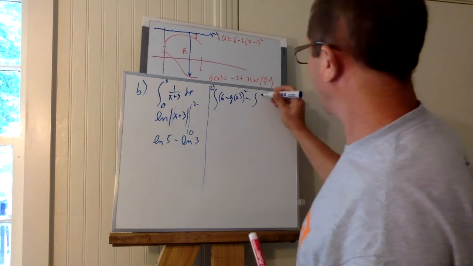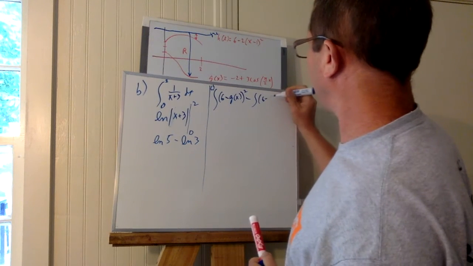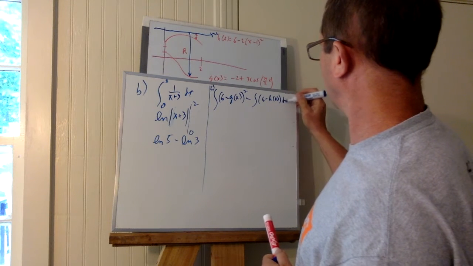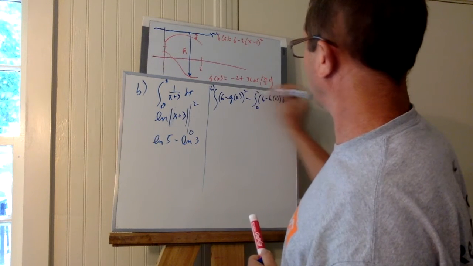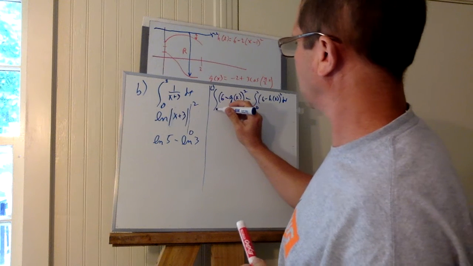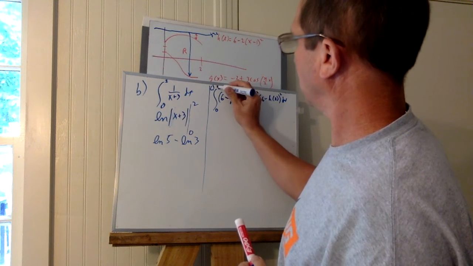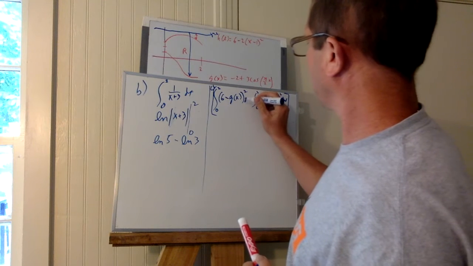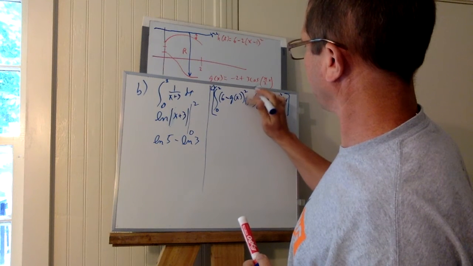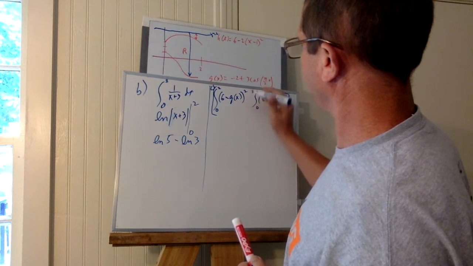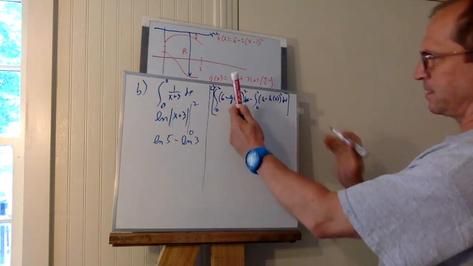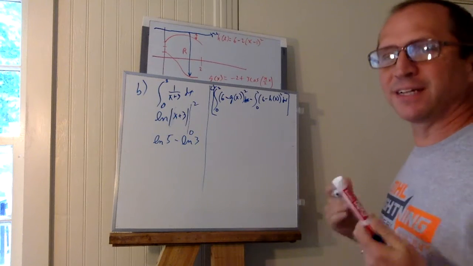You can just say, hey, this is 6 minus h of x. And we go from 0 to 2, it's squared. And again, because it's circles, these are the radii.